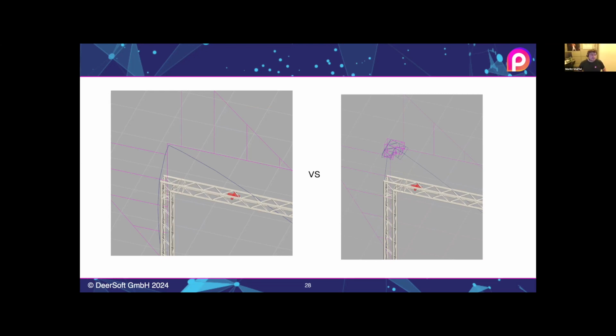On the left, you're seeing that all of the tubes and bracings of the truss have been minified to one line of 3D beam properties. That works really, really well on the actual trusses.